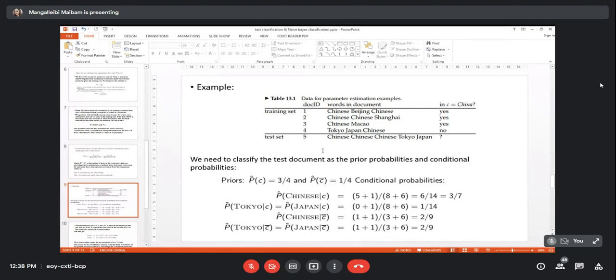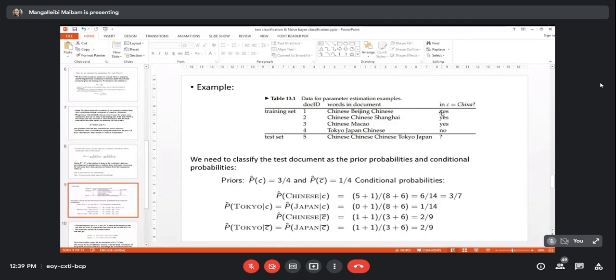I have 4 documents. So what's in the documents? Chinese, Beijing, Chinese. So these are the words in the documents and the corresponding document ID is 1. And this particular document belongs to China class, so C equals China.